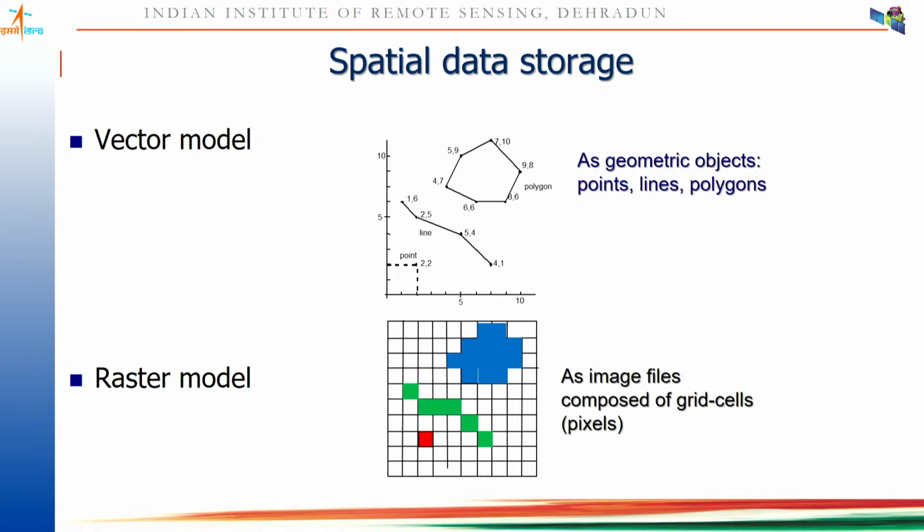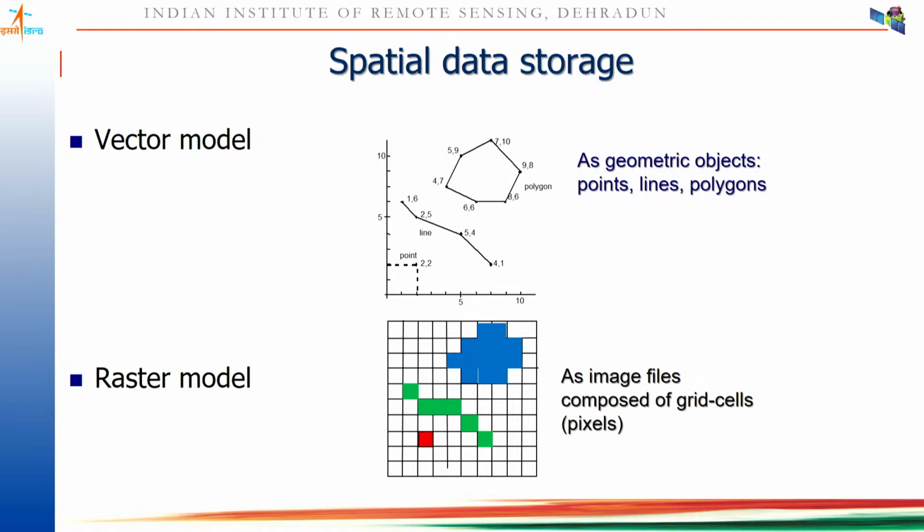You have to understand that these two data models are available, but there are certain benefits of each model, or there are certain limitations as well. In general, wherever you require discrete data models, discrete means suppose you need to define the exact boundary or location of your object, then you'll go for the vector data model.